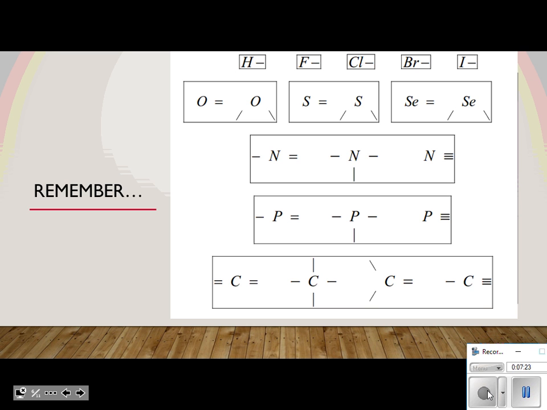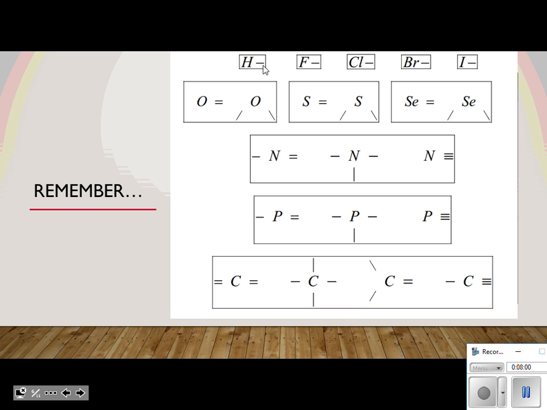What this diagram is showing us is how most of the nonmetals want to bond, or the possibilities. And you can hopefully see the similarities. Now, if I look up here, we talked about hydrogen and the halogens wanting to bond with one other thing because they have one open bonding site.